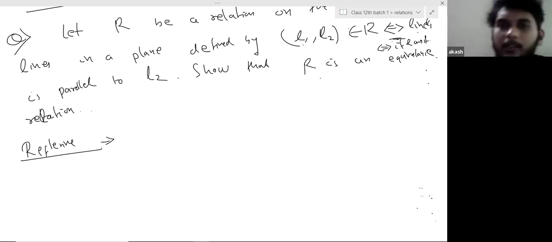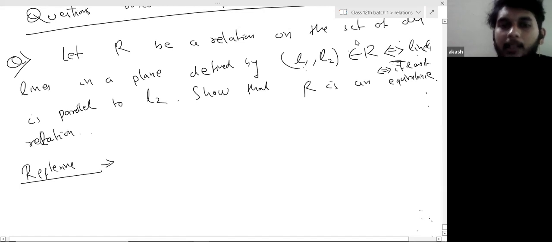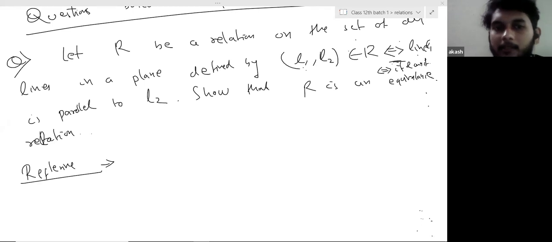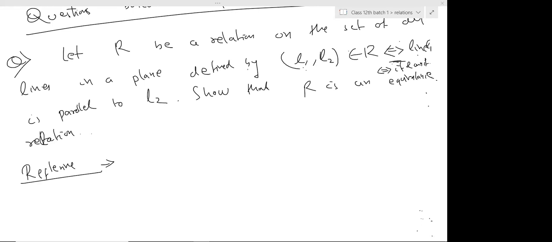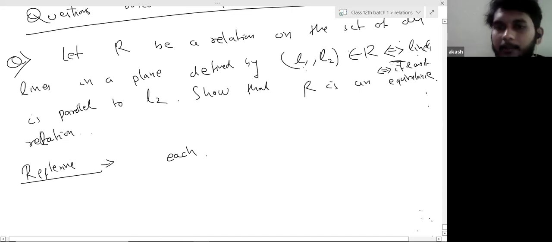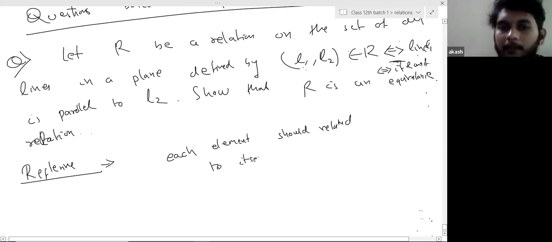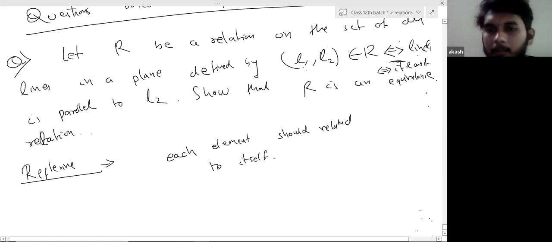Right. So see, we are not just talking about L1 and L2. They are saying this relation is on the set of all the lines on a plane. Let me explain again. In a reflexive relation, each element should be related to itself. Each element means whatever the set is defined on.